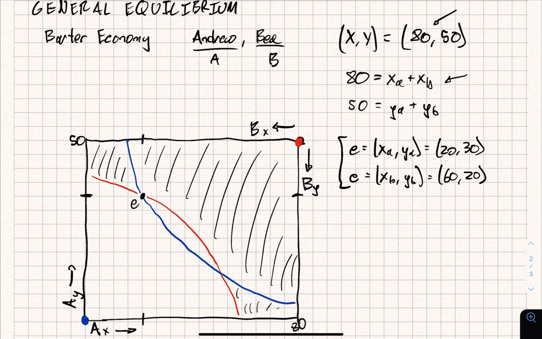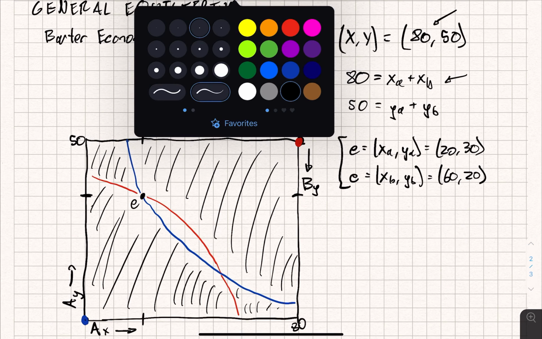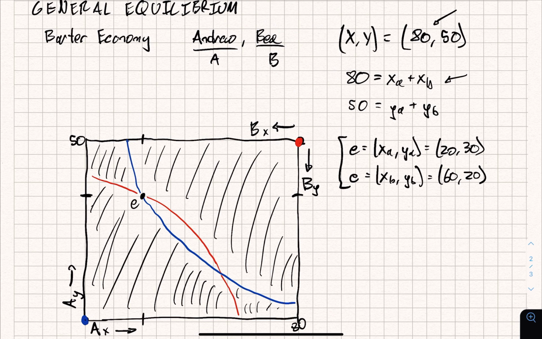And it can't live here because that's bad for Andrew. It's below his indifference curve. So the only region that's good for both of them is here.